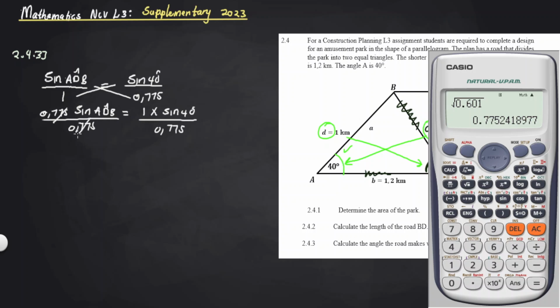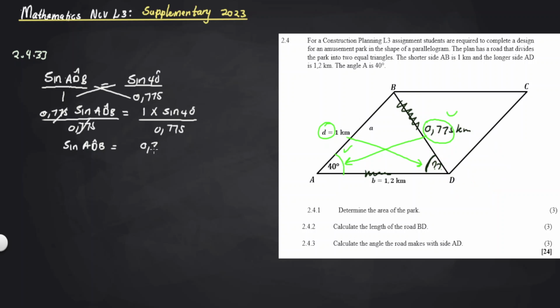So sine ADB is equal to 1 times sine 40 divided by 0.775. The answer is 0.829.